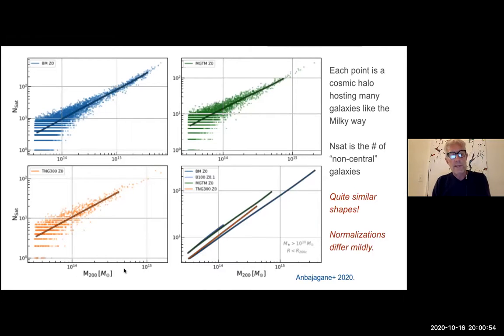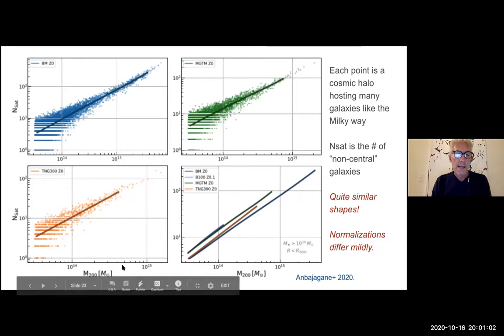And to give you a sense of scale, the Milky Way halo is about 10 to the 12th solar masses, so 1,000 billion solar masses. Here we're looking at halos that are at least 3 times 10 to the 13. So we're looking at 30 times the Milky Way halo mass up to 1,000 times the Milky Way halo mass.